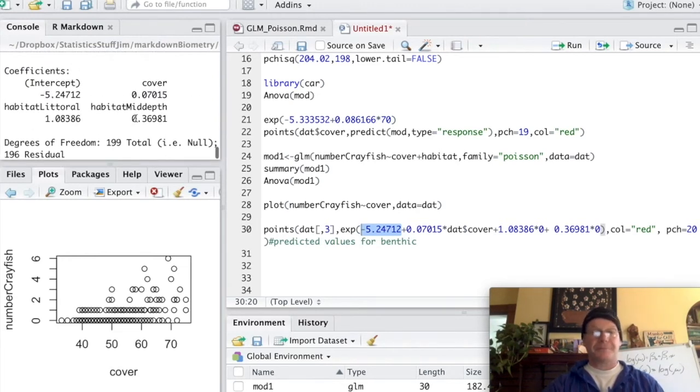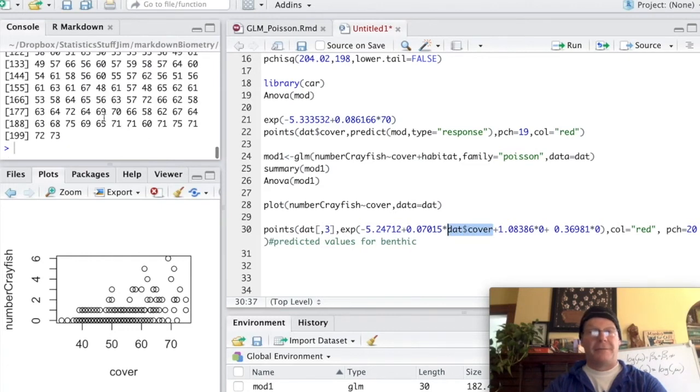There we go. There is the parameter estimate for cover, and everybody's got cover, so we're going to add to that the slope for that, times the amount of cover that was actually present. And again, the amount of cover is just that third column, which are all these different values right here.